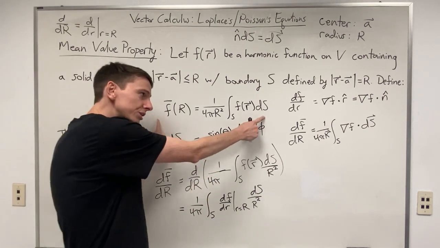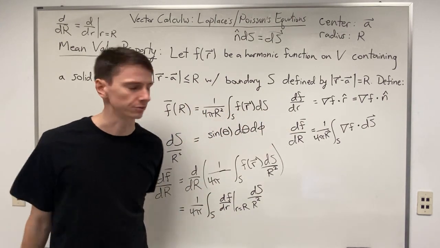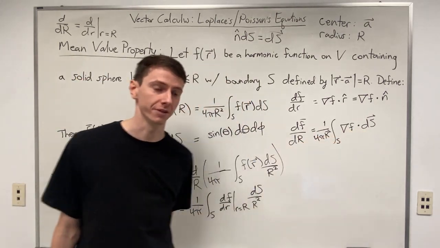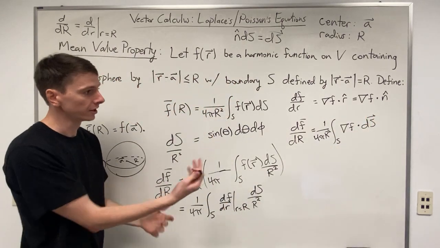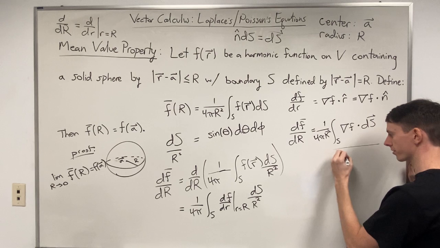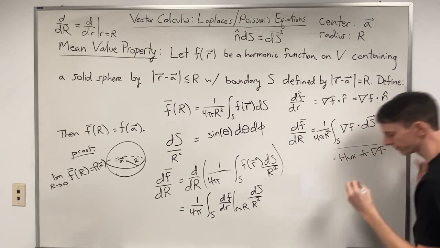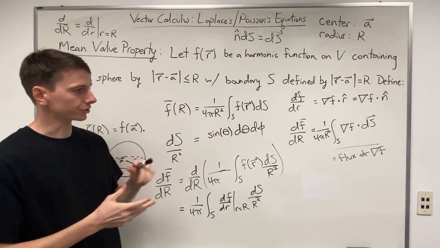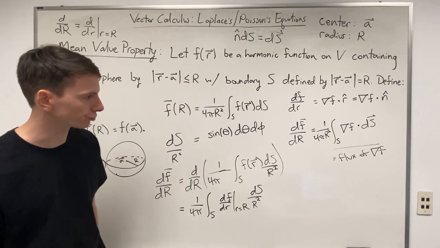So while this expression right here was not the flux of f, because you can't have the flux of a scalar function, you can have the flux of the gradient of f. And now in this case, that is what we have. We have this quantity right here, let's underline it, this is the flux of this vector function, gradient of f, right here. So we can make this connection here that now we've been able to rewrite the integral as a flux integral.